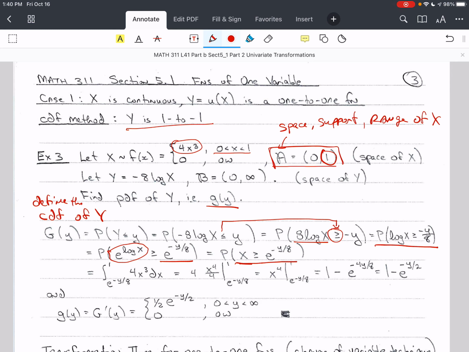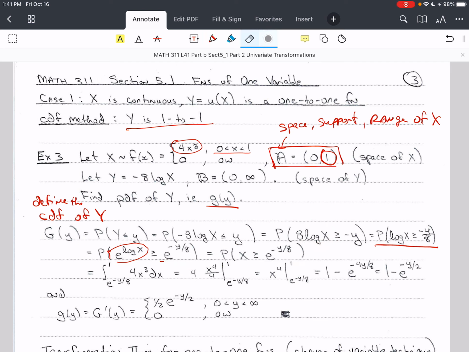Now, to get what this is equal to, we are going to integrate this, and we're going to find this probability, because this probability, in terms of x, is the CDF of y. Okay?